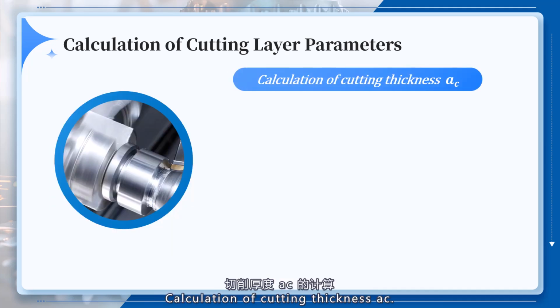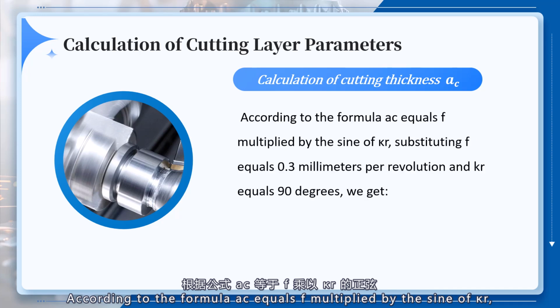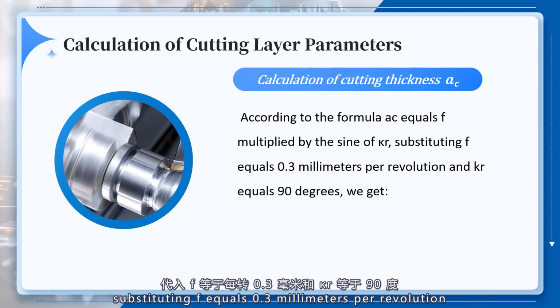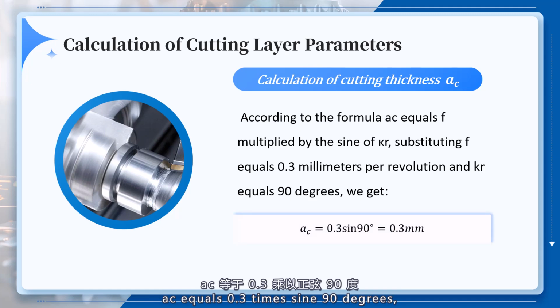Calculation of cutting thickness AC. According to the formula, AC equals F multiplied by the sine of kappa. Substituting F equals 0.3 mm per revolution, and KR equals 90 degrees, we get AC equals 0.3 times sine 90 degrees, which equals 0.3 mm.